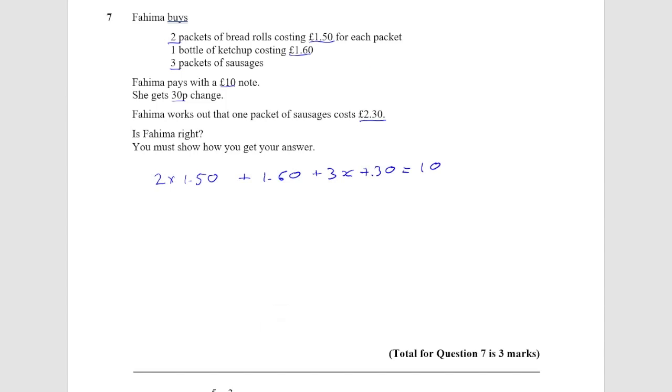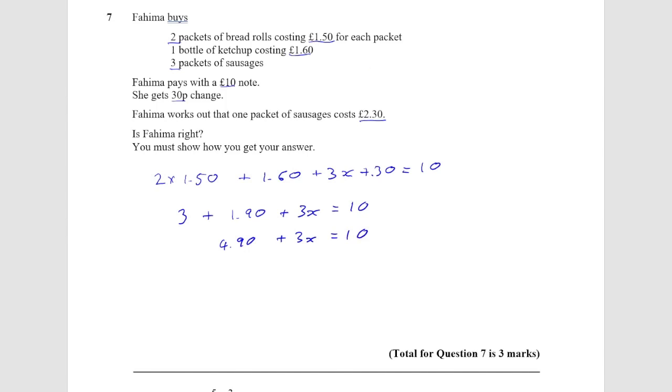So let's do it this way: add those 2 together would be £3.10, plus 0.3 is £3.40... so £4.90 plus 3 lots of this value is going to be equal to 10.